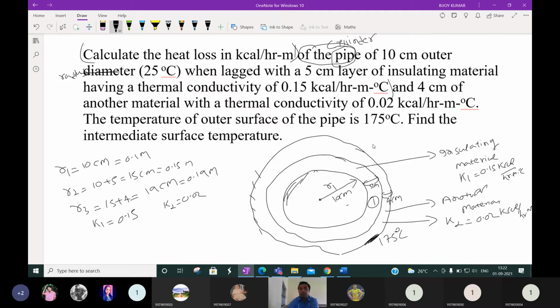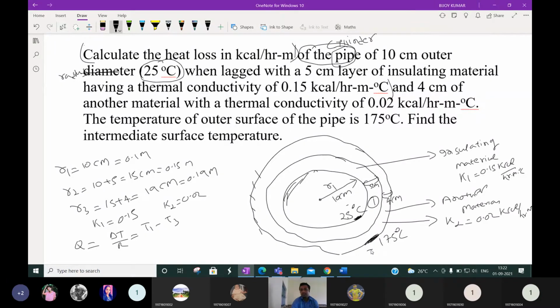See here, calculate the heat loss for the pipe of 10 centimeter outer radius. At the 10 centimeter, the temperature is given as 25 degrees centigrade, and you have to find the Q value. All the data is given: del T by R. Del T is T1 minus T3.